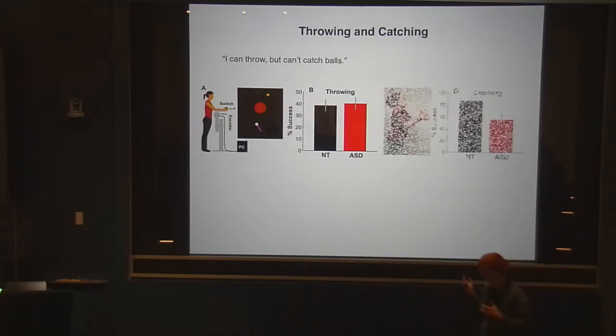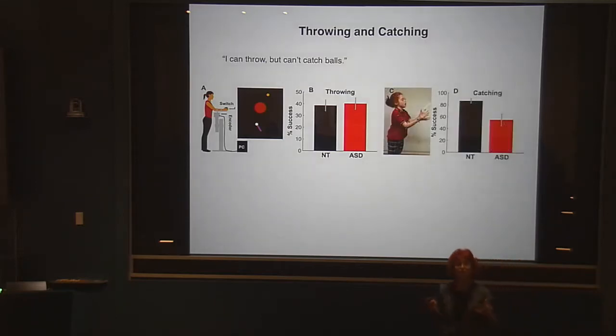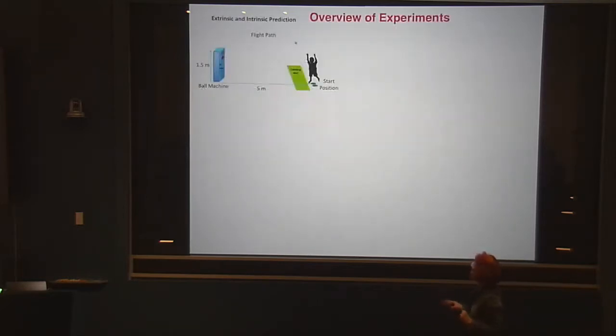This contrasts with another experiment where we looked at children catching a ball launched from a ping pong ball machine, typically two-handed. Looking at the same neurotypical and ASD groups, you see a large discrepancy in the degree of success. So a very first, relatively broad experiment was very much consistent with the anecdotal reports that we heard.